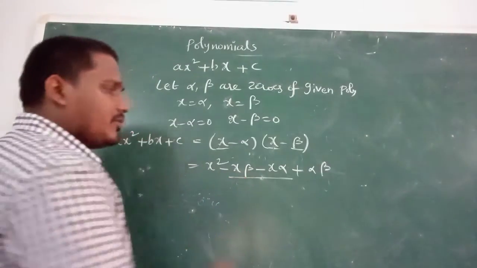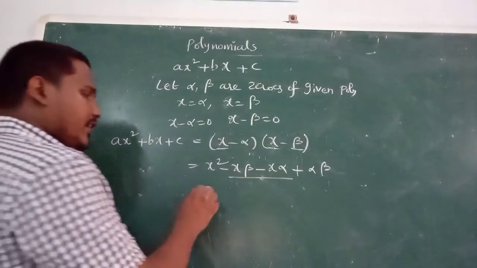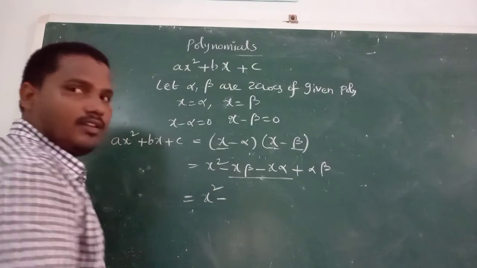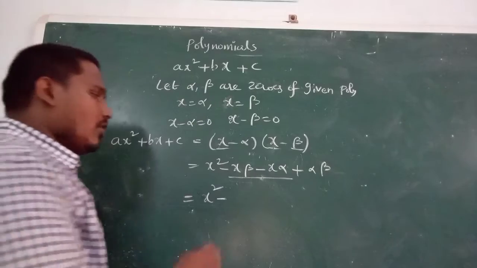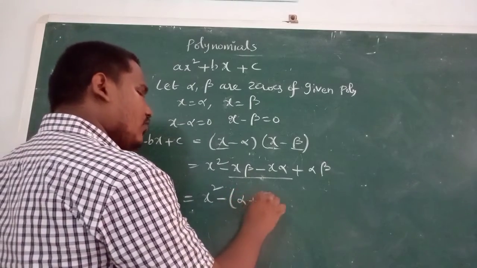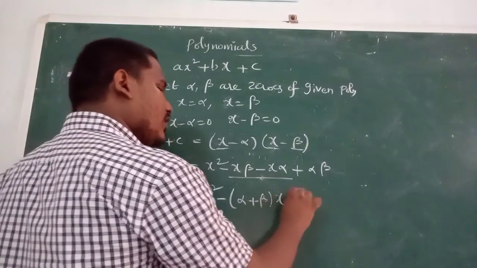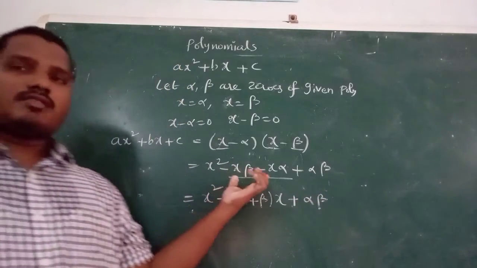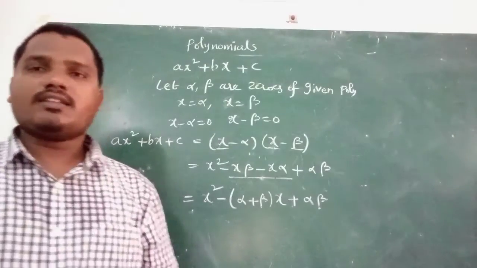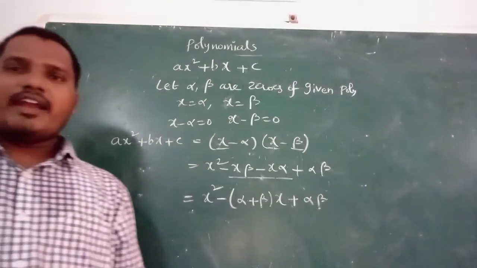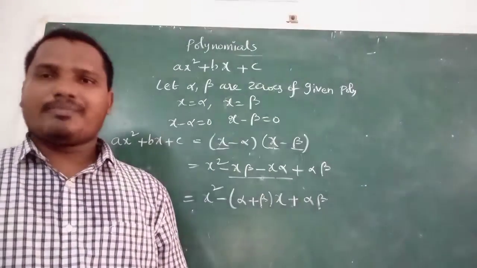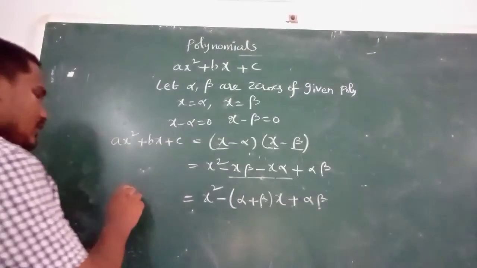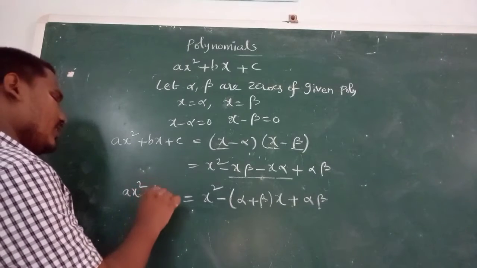In these two terms x will be common, so we get x square minus of alpha plus beta into x plus alpha beta. This polynomial is x square minus of alpha plus beta into x plus alpha beta, and this is ax square plus bx plus c.